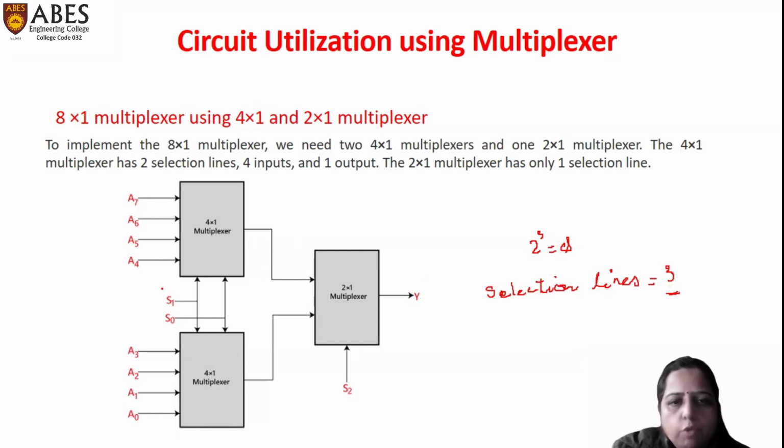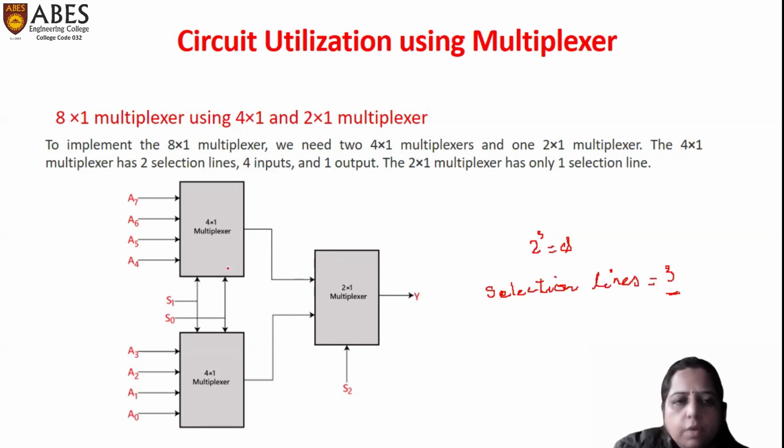In case of 4:1 multiplexer, we have only 2 selection lines, 4 inputs and 1 output. In case of 2:1 multiplexer, we have 2 inputs and 1 output.